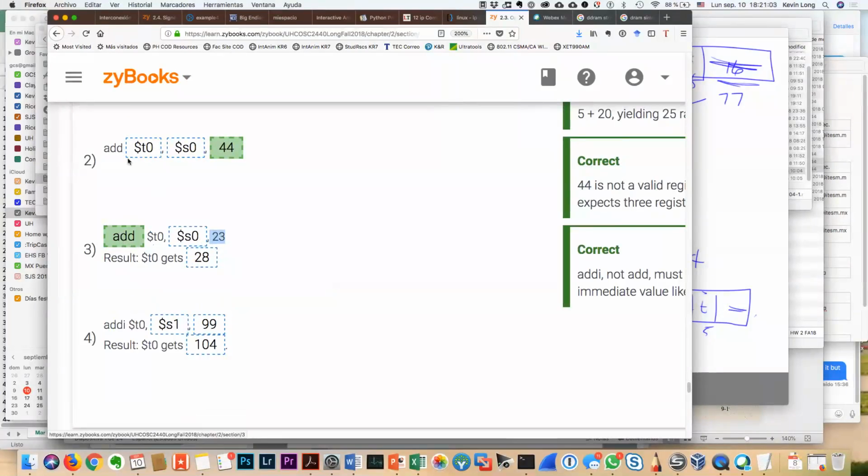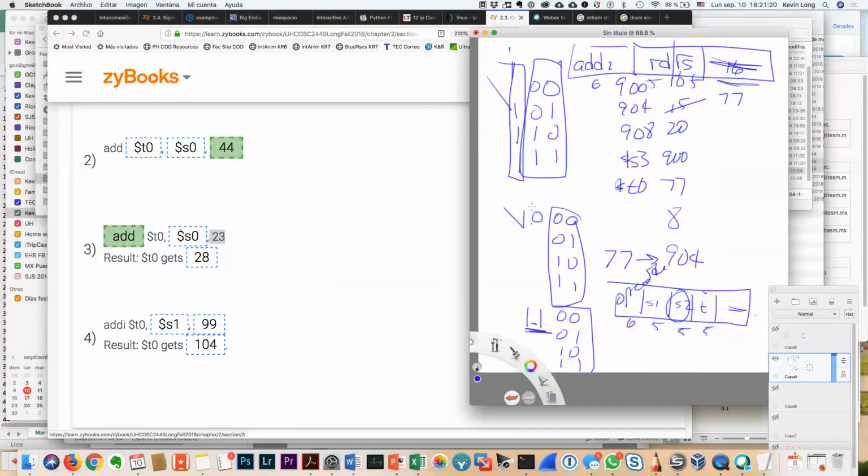If you make this a constant instead of a register number, you have to tell the computer so it knows how to interpret those bits. You cannot tell by looking at a binary collection of bits what it's supposed to represent. What is this? Is that an integer?